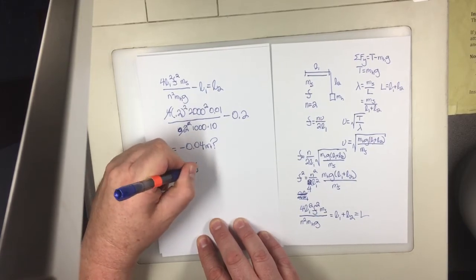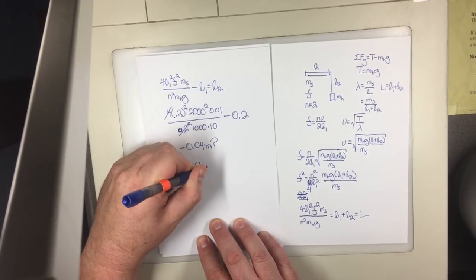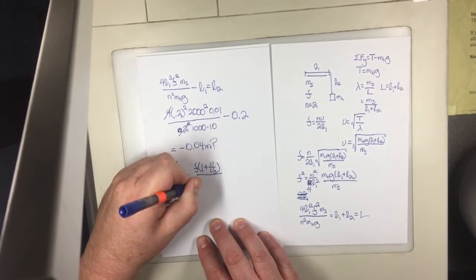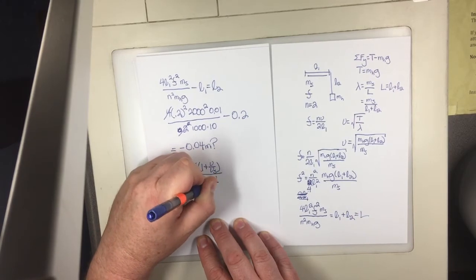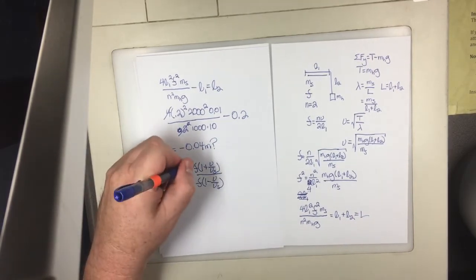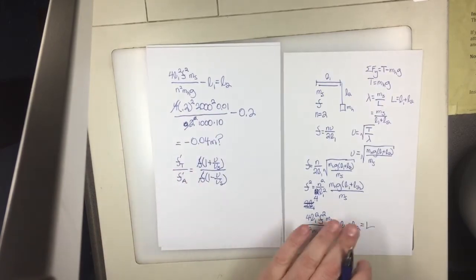Frequency towards is the initial frequency times 1 plus V over Vs, and frequency away is F times 1 minus V over Vs. Those cancel.